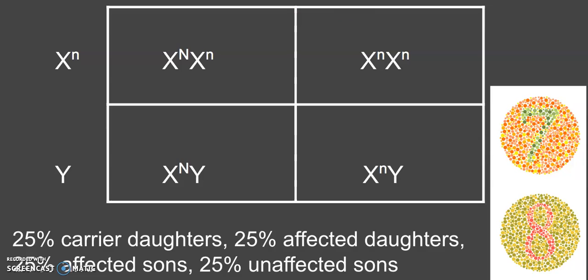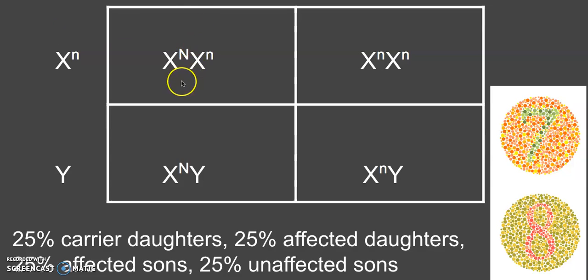She's heterozygous, and because she's heterozygous for a recessive disease, she's considered a carrier. So she doesn't have color blindness herself. The dad does.